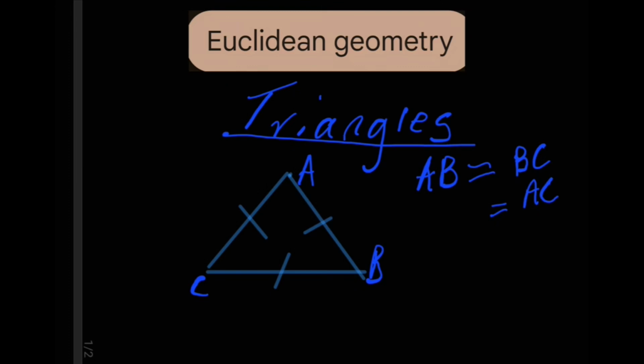All these sides are equal. AB is equal to BC, which is equal to AC. All the sides are equal. So when you have a situation like this, we call this an equilateral triangle.